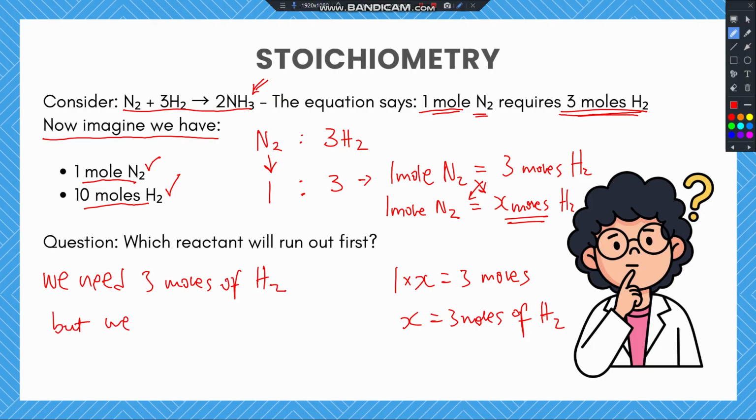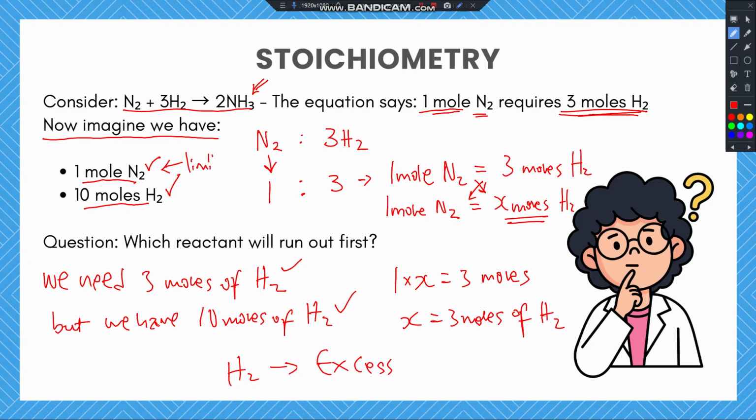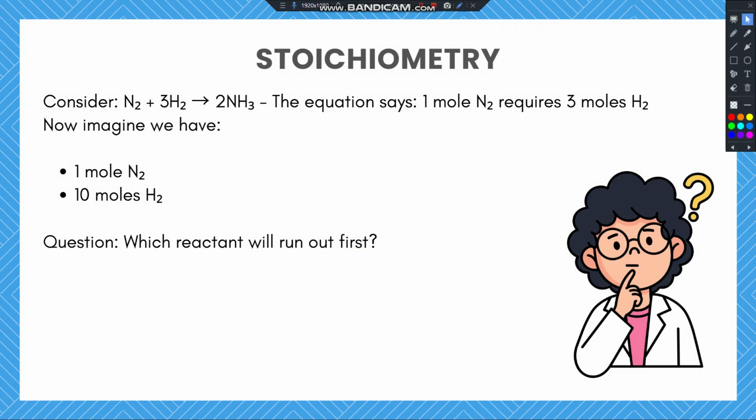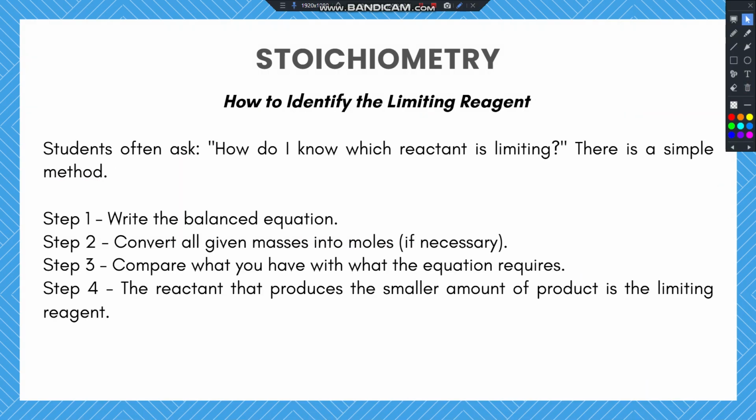We have 10 moles of hydrogen. We need 3 moles, but we have 10 moles. So it means hydrogen is in excess or it is too plenty. Automatically, that means nitrogen here is the limiting reactant. So to answer that question, which reactant will run out first? That will be nitrogen N2. So can you see how the limiting reactant was identified?